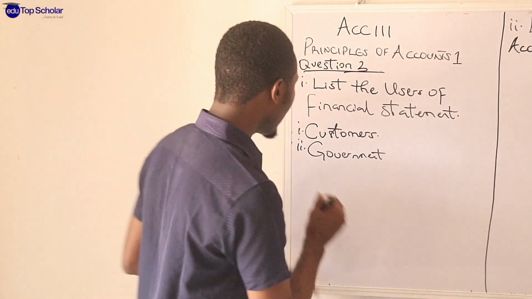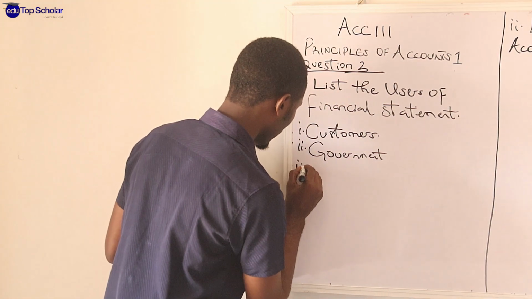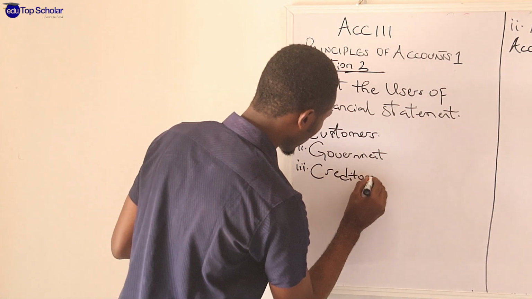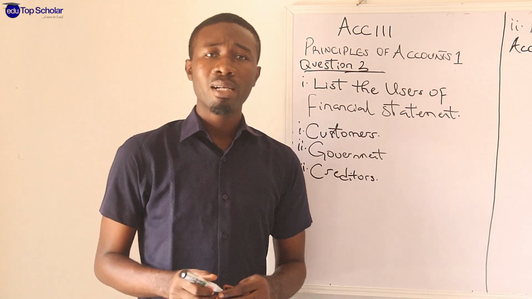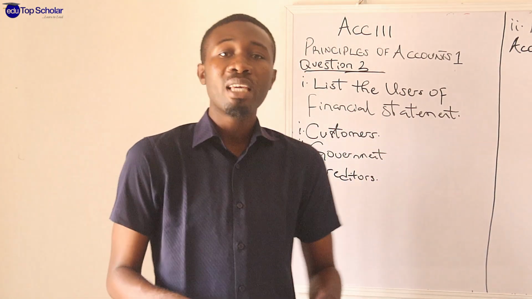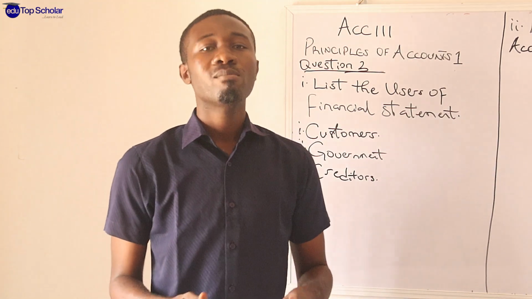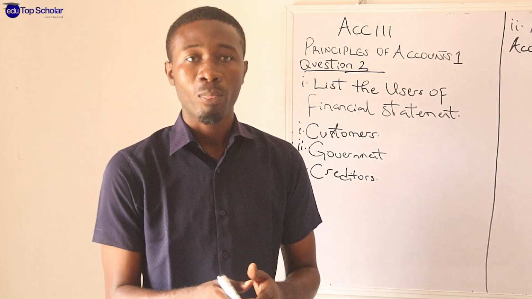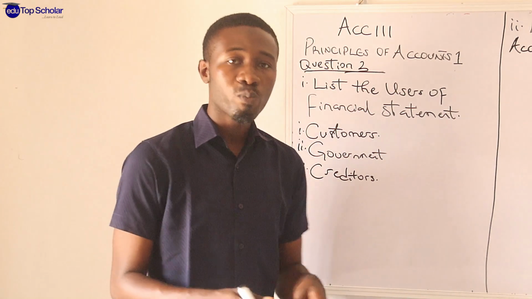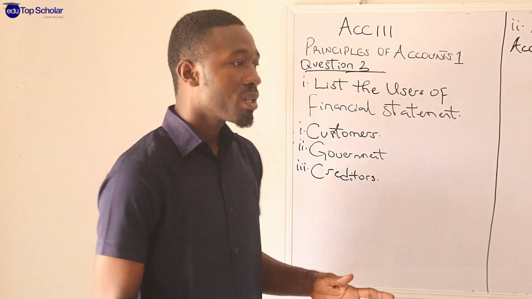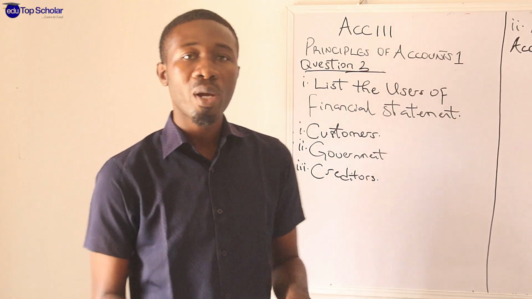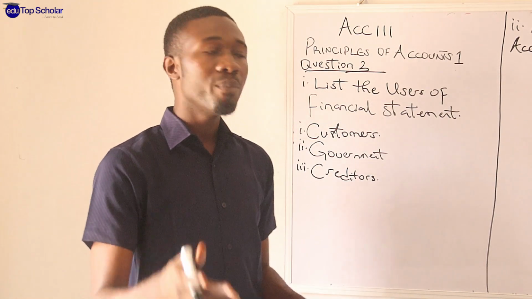So creditors. The next one is creditors. Who are the creditors? Creditors are those people that we are owing money. In Yoruba, they will call them àwọn tá ń jẹ ní gbèsè. So when those people that we are owing get to see our financial statement, they get to know whether we have made profit or we have made loss.